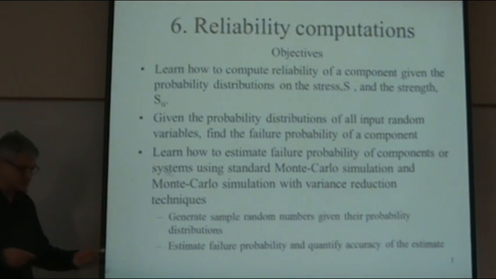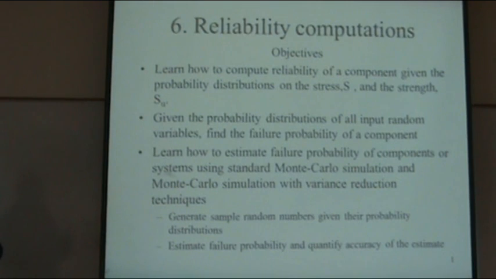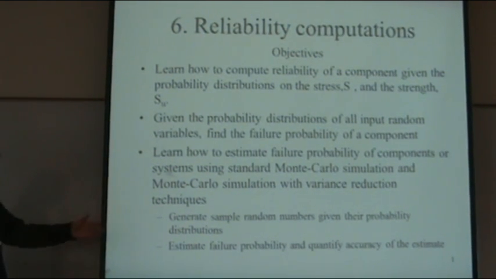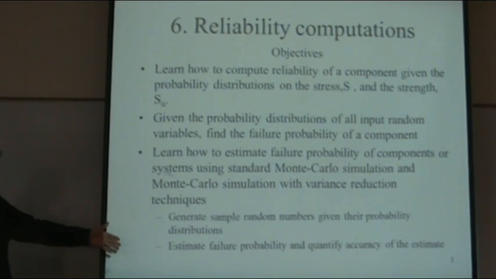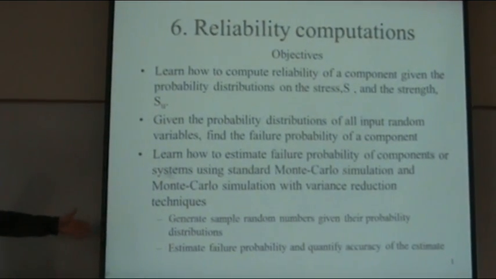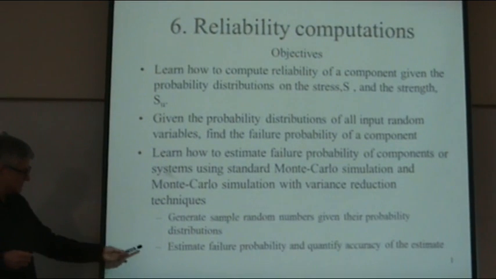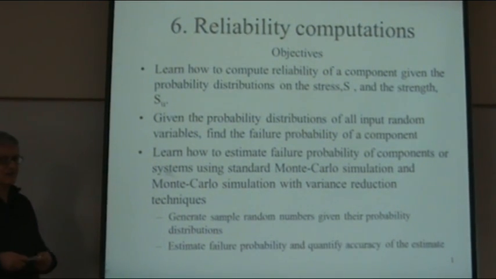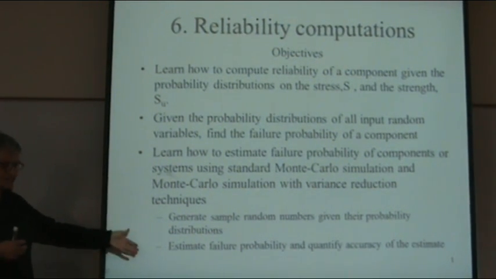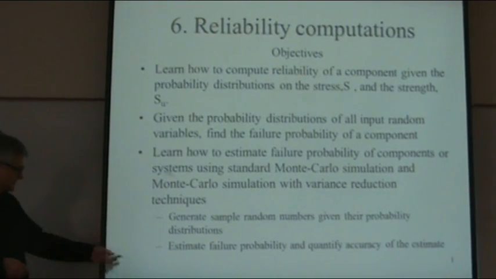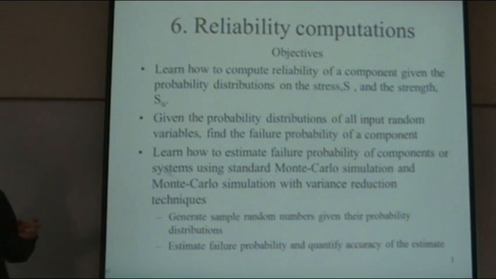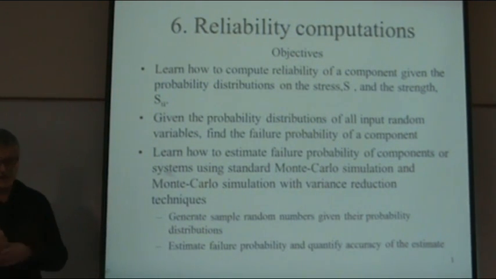This is important, especially when the computational cost is very expensive. You don't want to spend more resources, more computational time to calculate more accurately a probability of failure that is sufficiently accurate already. So it's very important to have an indication, when you get a number, an estimate, of how accurate it is.